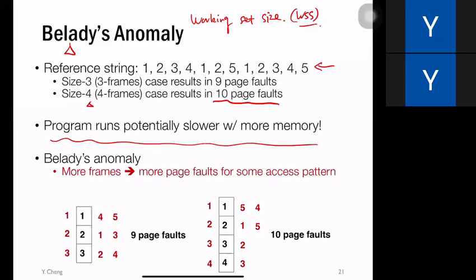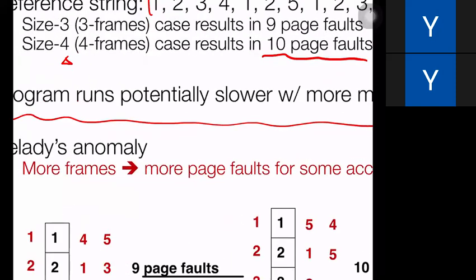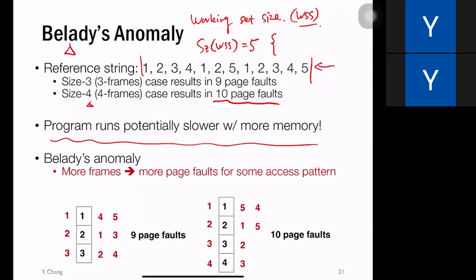In this case, if we count this as a time window, the working set size is 5, because it covers a total of 5 unique items: 1, 2, 3, 4, 5. Repetitive accesses to an existing item, for example repetitive access to 1, you just count once, without duplicating the accesses. Okay, so this is working set size.